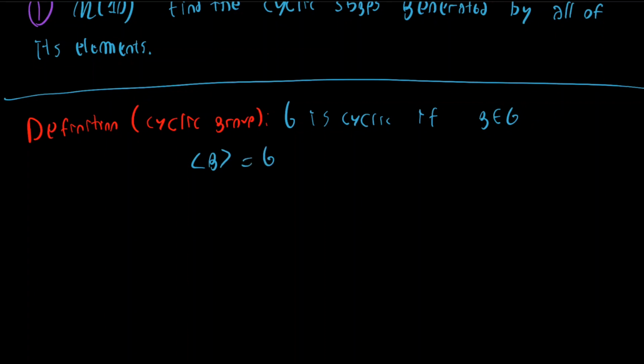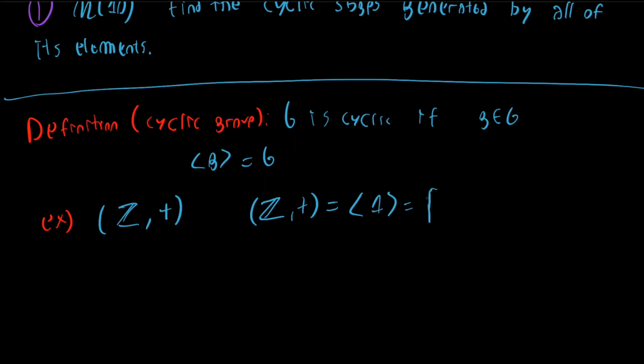In other words, G is generated by one of its elements. An immediate example is the integers under addition. They are generated by 1, because the cyclic subgroup generated by 1 is defined as n times 1, where n is an integer, and trivially this spans all the integers.